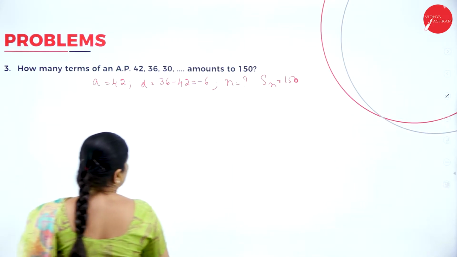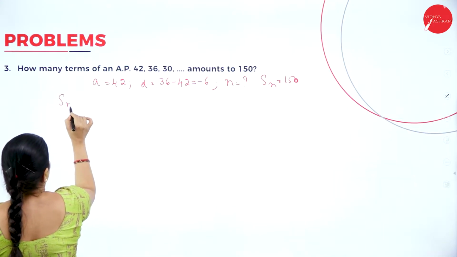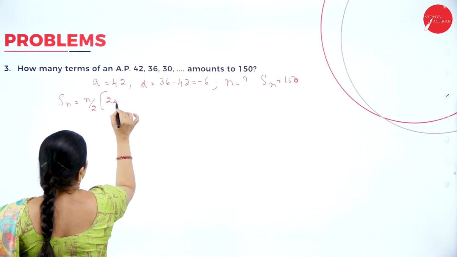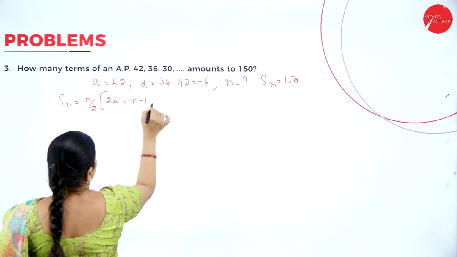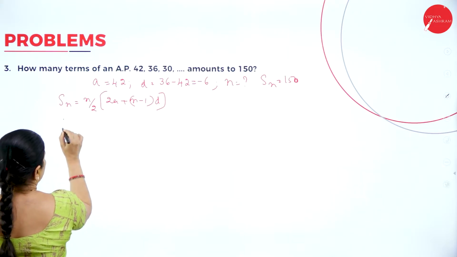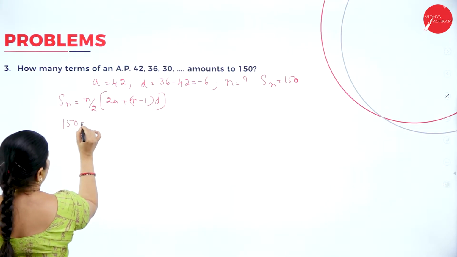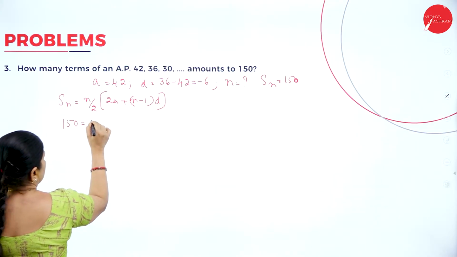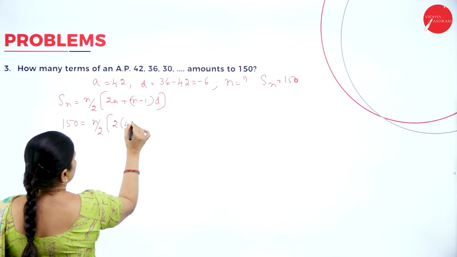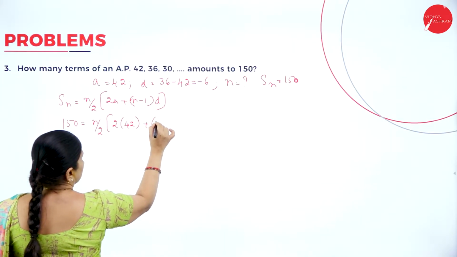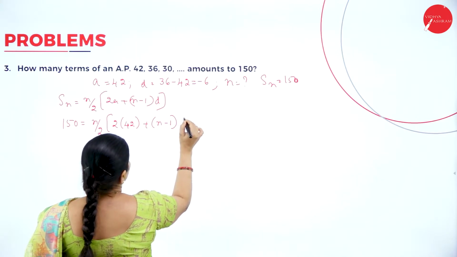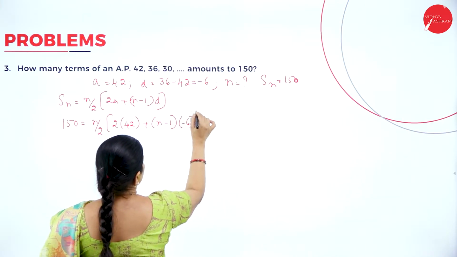Okay, now we will use the formula Sn equals n by 2 into 2a plus n minus 1 into d. So Sn I know. Sn equals 150 equals n by 2 into 2 into 42 plus n minus 1 into minus 6.